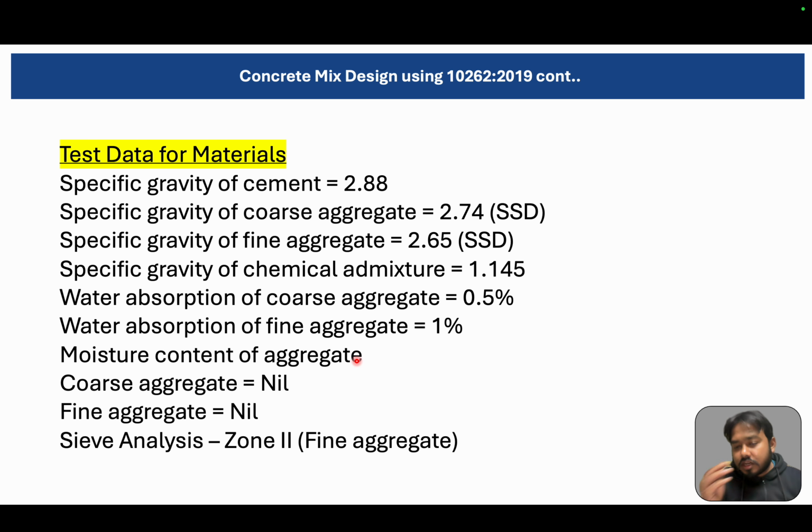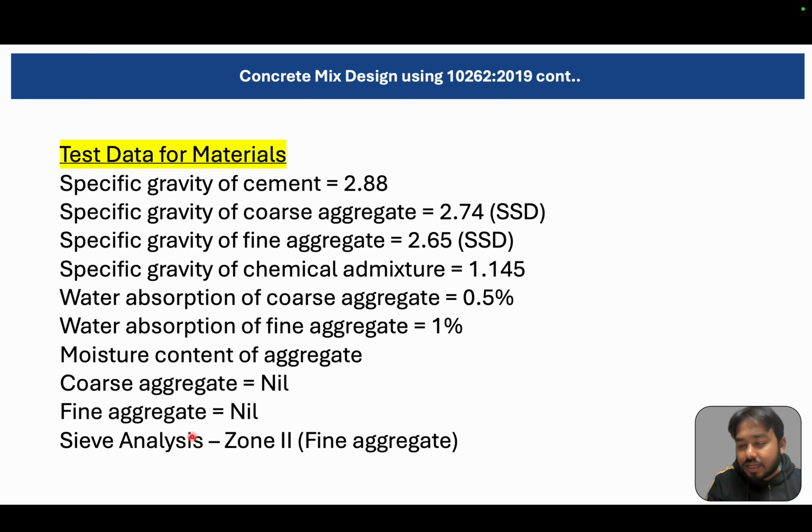But conversely, if the moisture content data is given, then in that case you may get a question where further data is required, that is free moisture content. For free moisture content you have to subtract the water absorption value, and then only you get how much the moisture content is. Accordingly you have to identify whether you need to go for a wet correction or a dry correction.